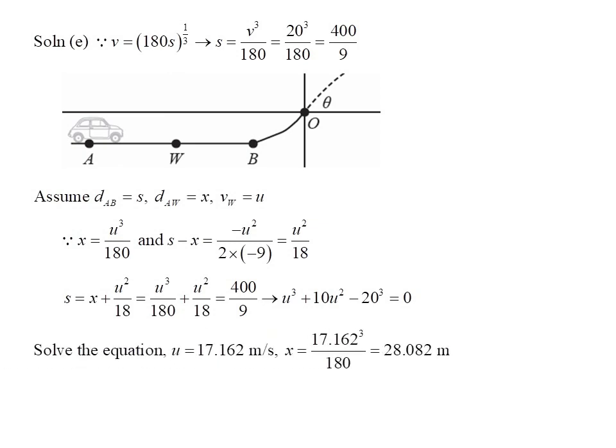Hence, the problem becomes to solve the cubic equation u cubed plus 10u squared minus 20 cubed equals 0. With the help of a CAS graphic calculator, we solved the equation and obtained that u equals 17.162 meters per second, x equals 28.082 meters, and d sub W equals 400 over 9 minus 28.082, which approximately equals 16.4 meters.